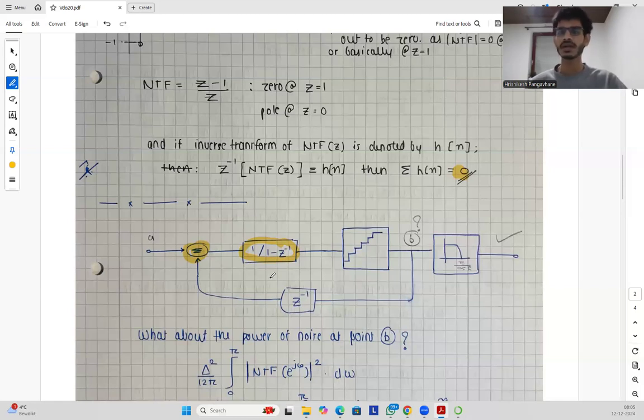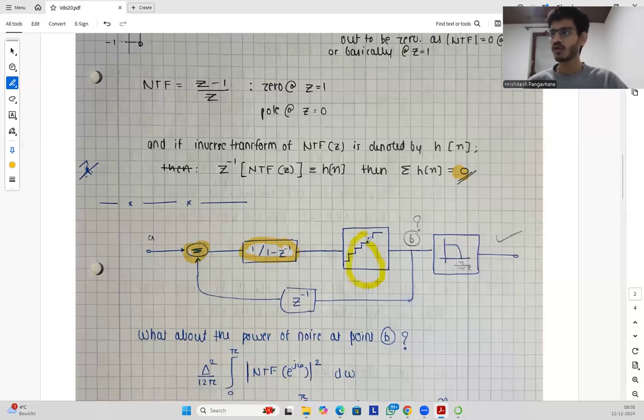So the noise transfer function faces the maximum attenuation around DC, where our input signal hovers. We are pushing the noise outside the required band of interest.